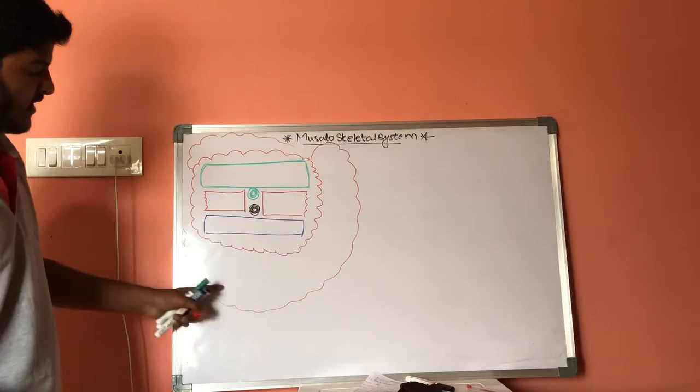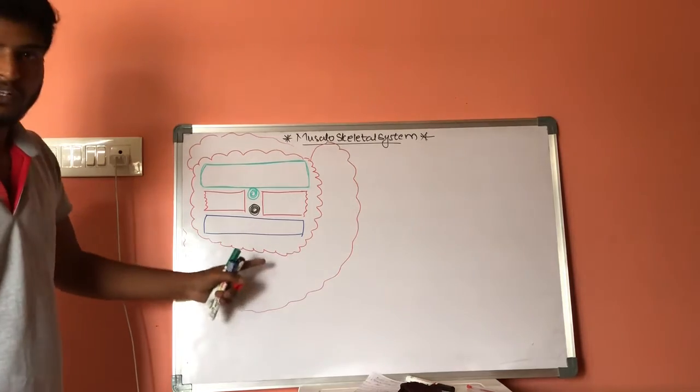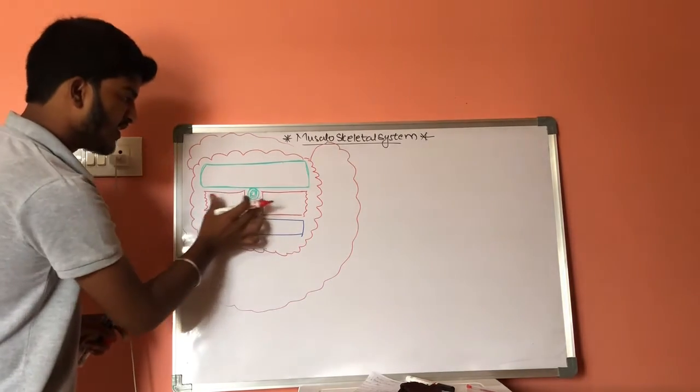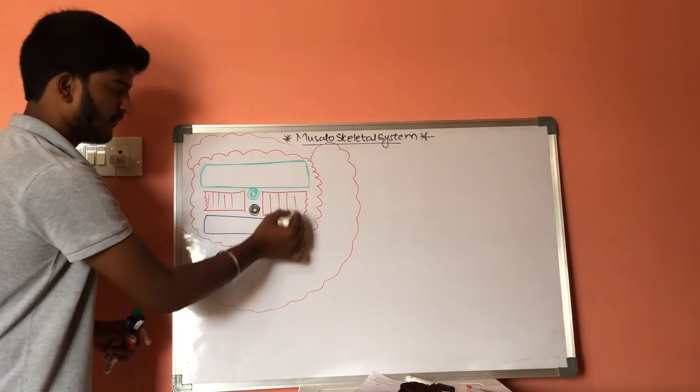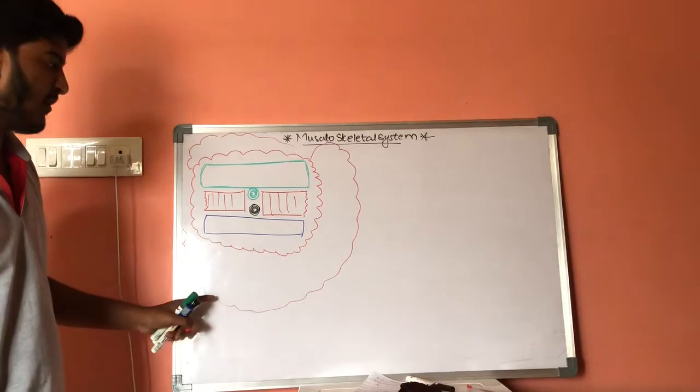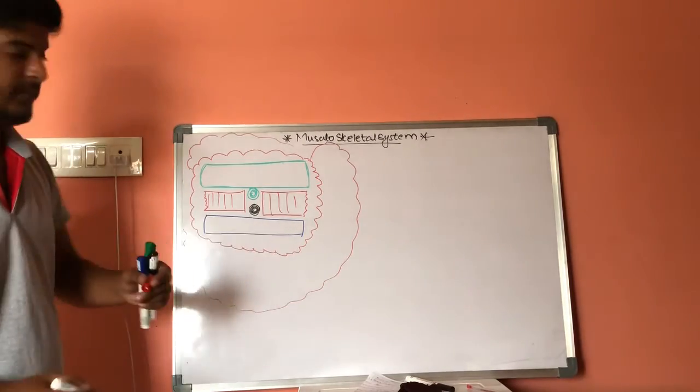This is the outermost layer, that is the extra embryonic mesoderm, and this red colored inner structure is the intra embryonic mesoderm.